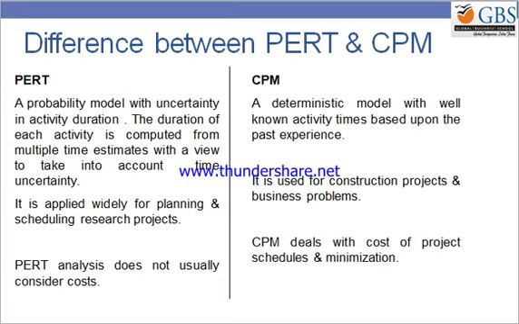So there are 3 differences I have noted. PERT is for research projects, whereas CPM is used for construction and business problems. PERT doesn't take cost into consideration, whereas CPM talks about cost and schedule minimization problems.